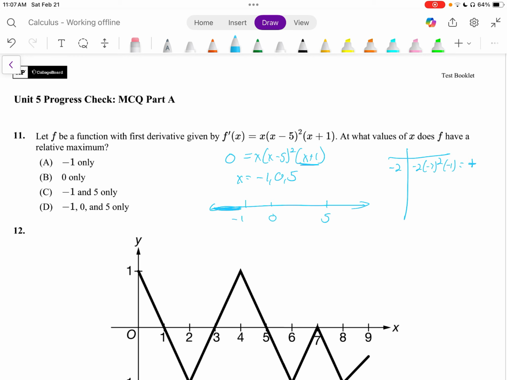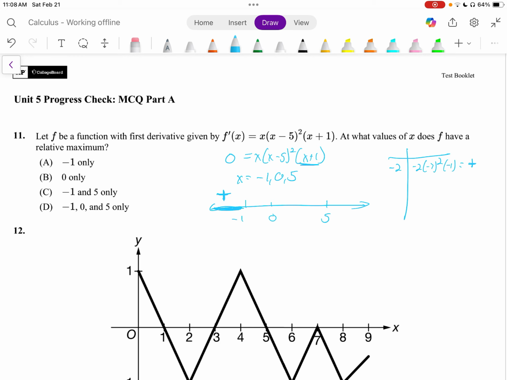Again, we don't care about the number, we just need to know what the sign is. So this would be positive. Because what we're going to do is look at the left and right of the zeros, using the first derivative test. I should have mentioned that before.